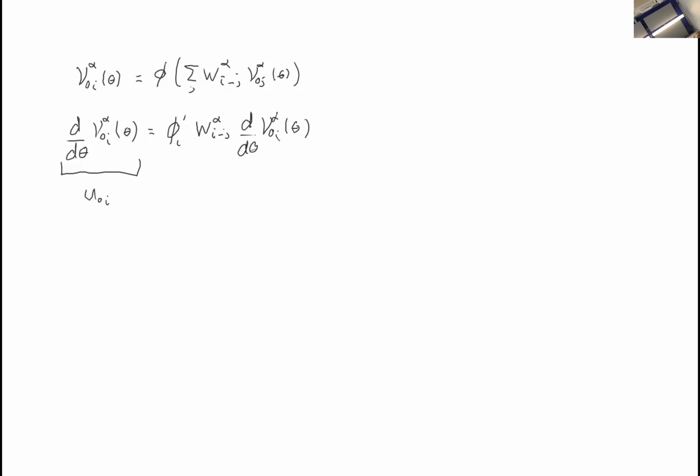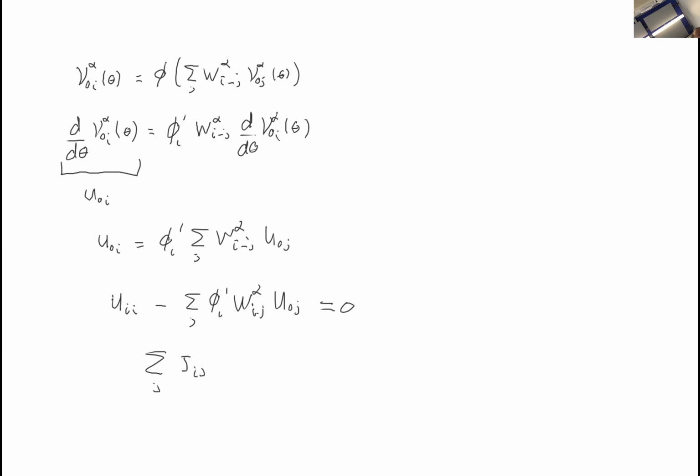So what we see is u0 i equals phi i prime, the sum on j of w i minus j alpha u0 j, which we can write as u0 i minus the sum on j of phi i prime w i minus j alpha u0 j equals 0, which is the same as the sum on j of J ij u0 j equals 0.